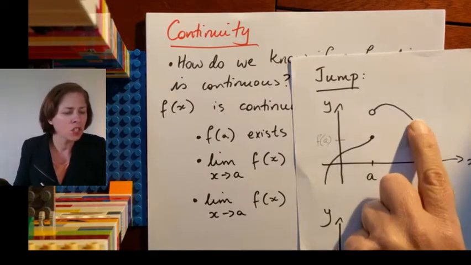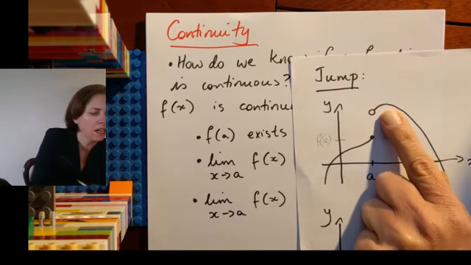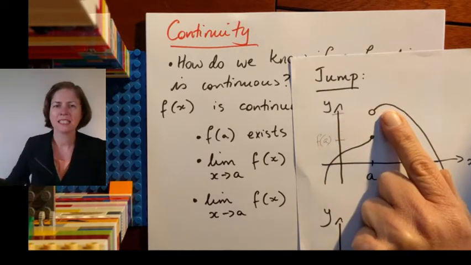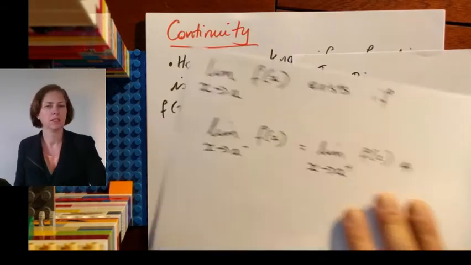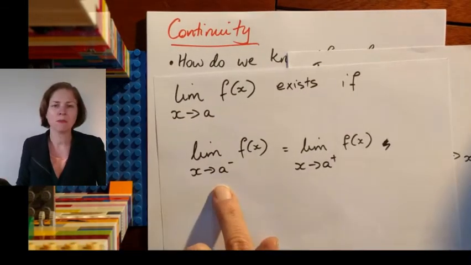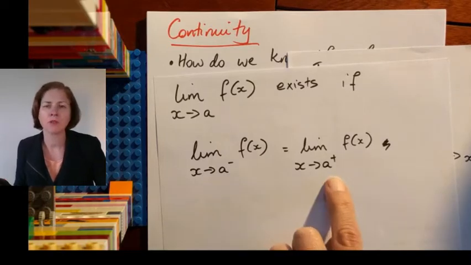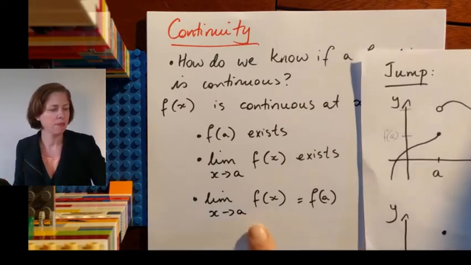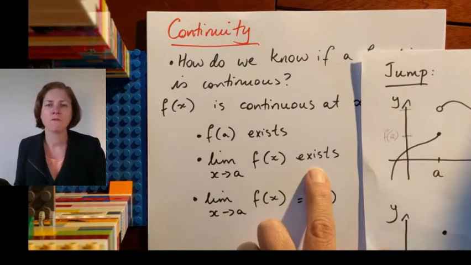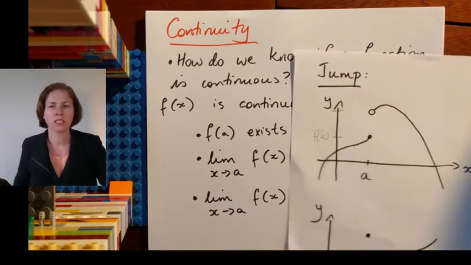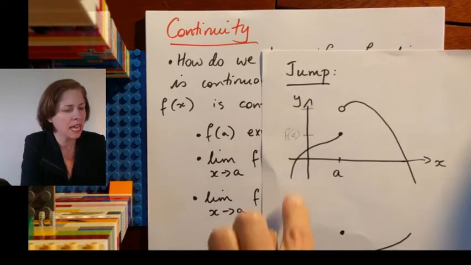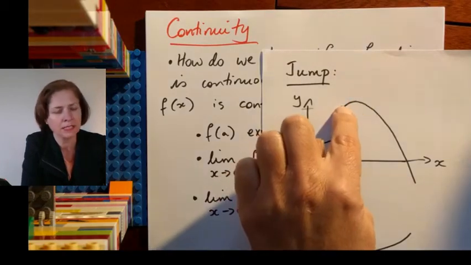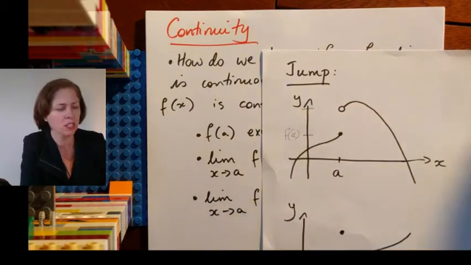But as I approach a from the right, I'm approaching a different y value up here, which means the limit from the left is not giving me the same answer as the limit from the right, which means the limit does not exist. All right, this limit does not exist, therefore this graph is not continuous. And once again, the other way I can determine that is simply by following the graph with my finger, and look, I need to take my finger off to get from here to here, therefore the graph is not continuous.